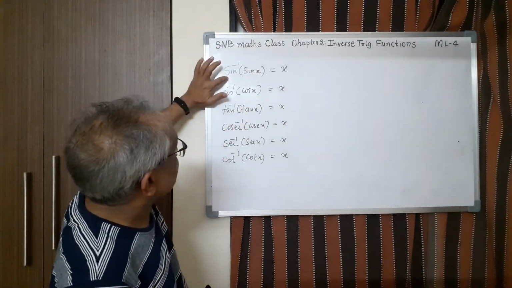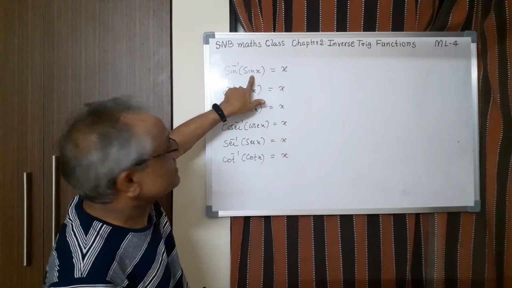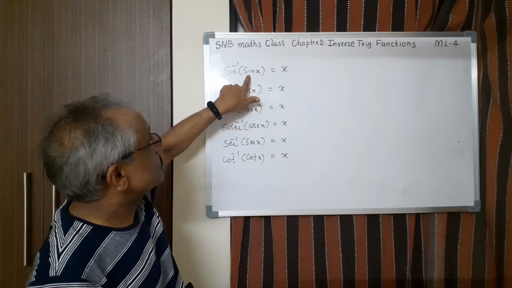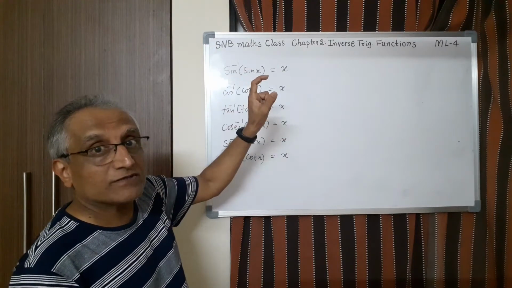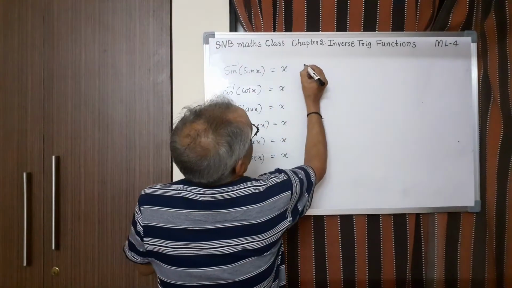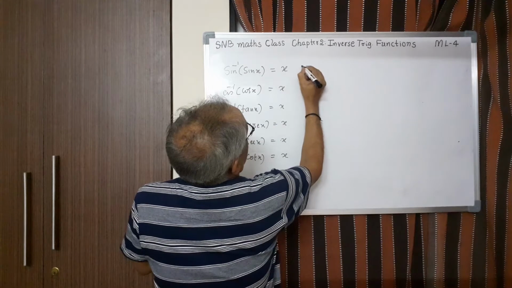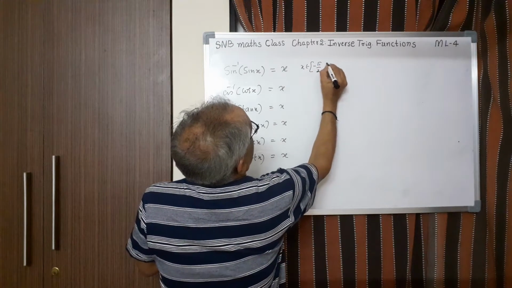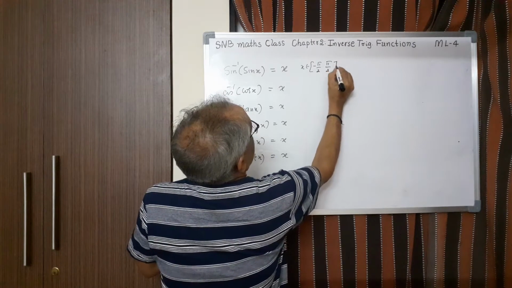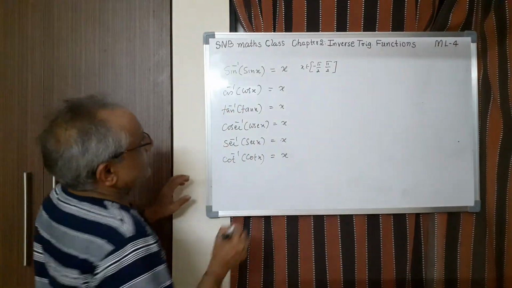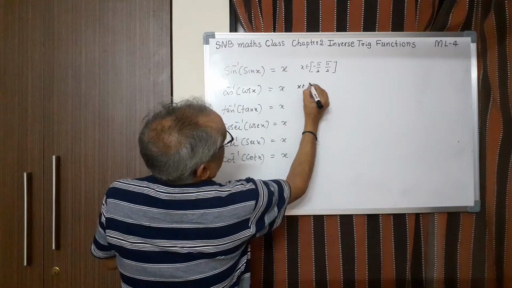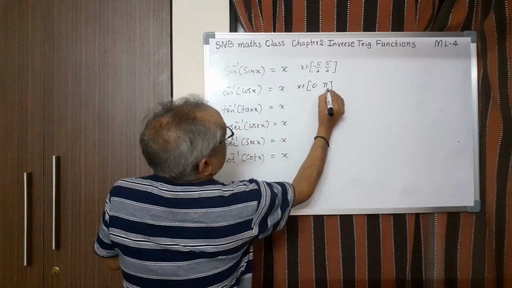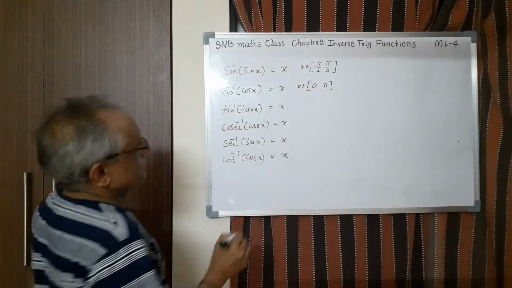So here the condition is, this must first be a bijective function. It is a bijective function only when the domain is minus pi by 2 to plus pi by 2. So the condition here is, if x belongs to minus pi by 2 to pi by 2, that is the principal value branch. Same thing here, x belongs to 0 to pi. So you can remember the domain and then you can write.